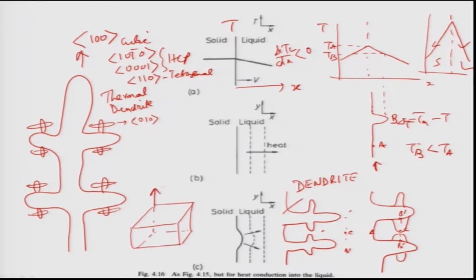This is 001, this is 100, and this is 010. So I can always have 6 directions like these. You can clearly see the 6 directions, 1 2 3 4 5 6. That is why you always see the 6 arms of the dendrites in real 3-dimensional pictures.